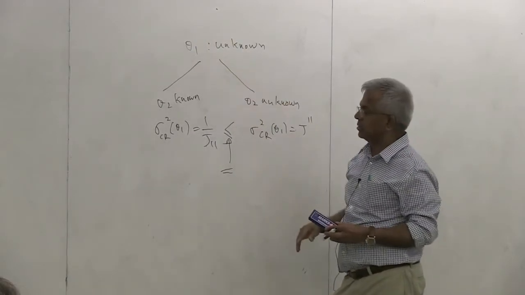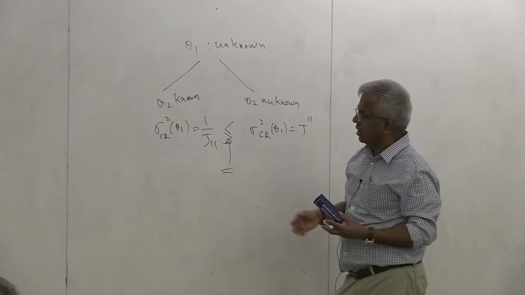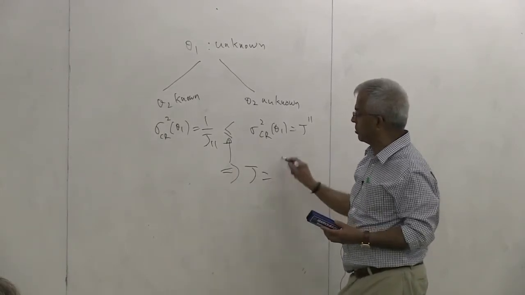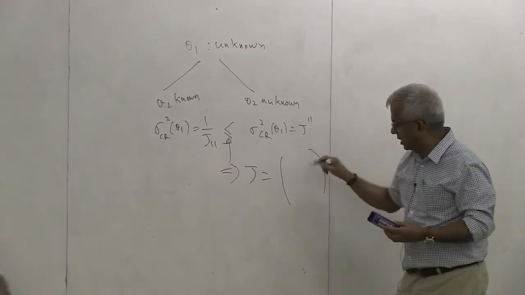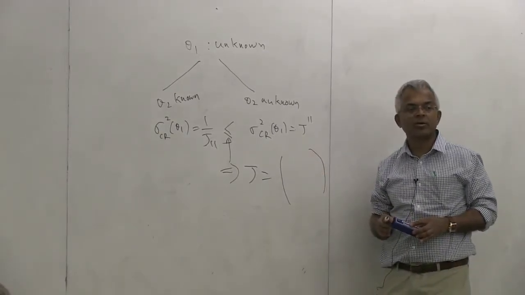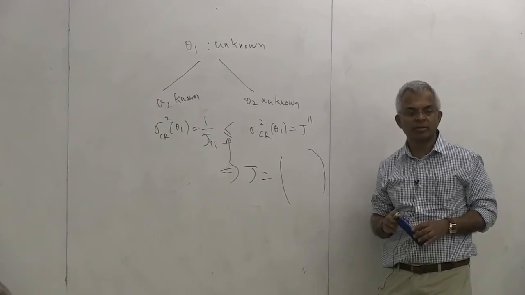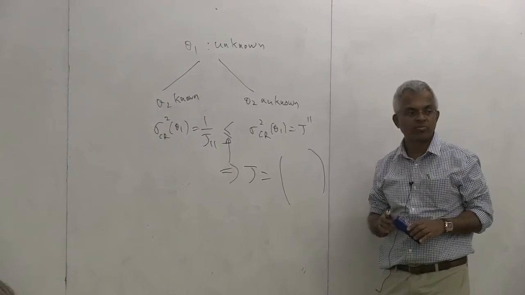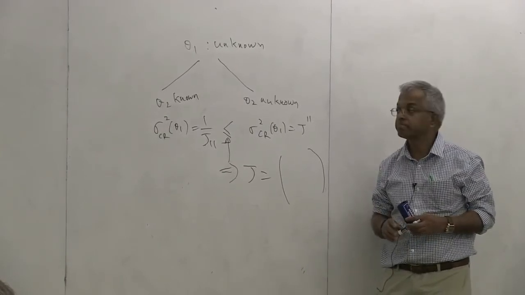I gave you all the proof. It all depends on J, the Fisher information matrix. If it is diagonal, then the additional parameters are not going to make the situation any worse in terms of the variance.